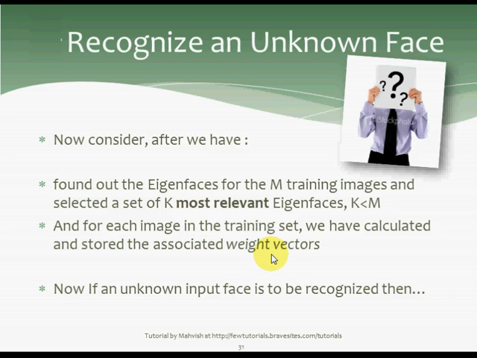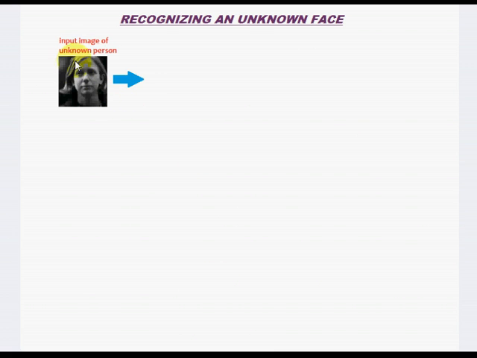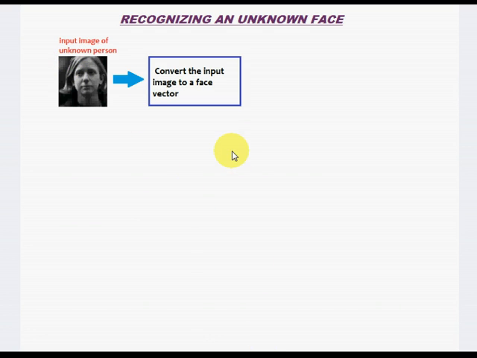Now, the next, equally important part is to recognize an unknown face. Now, if an input face is to be recognized, how does it happen? Let's say we have this face as the input image, and this is an unknown person, or we need to know who it is. So the first part would be to convert the input image to a face vector, as we had done in training the recognizer.